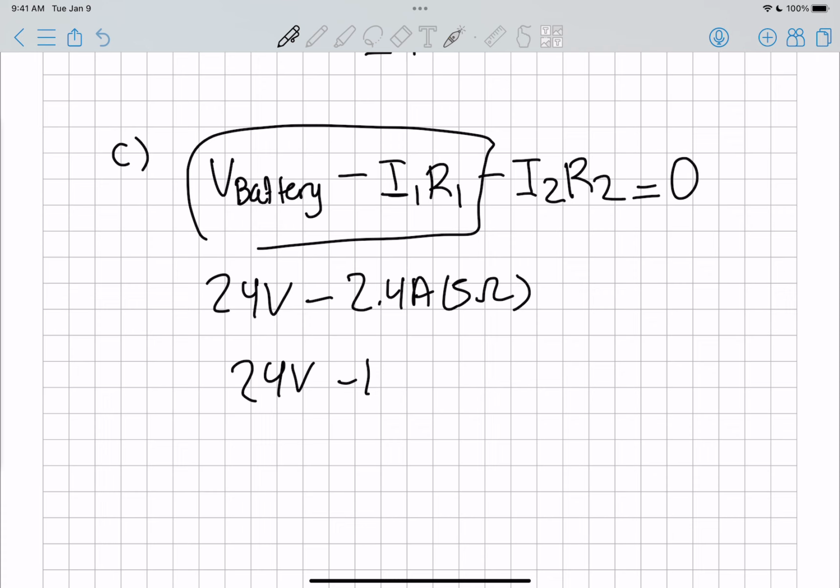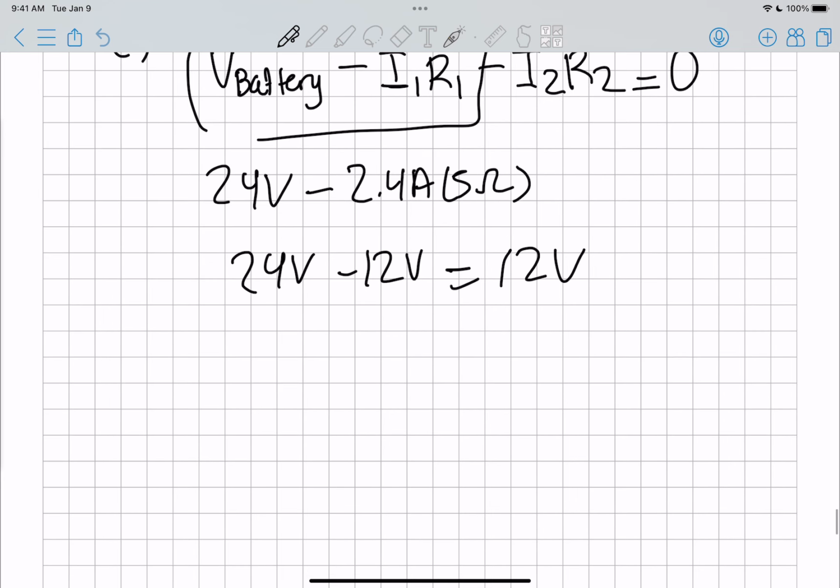This is 24 volts minus 12 volts is equal to 12 volts, right? So this tells me that R234, whenever I combine that, should have 12 volts. And then the components of that, the two branches, R2 and R34.